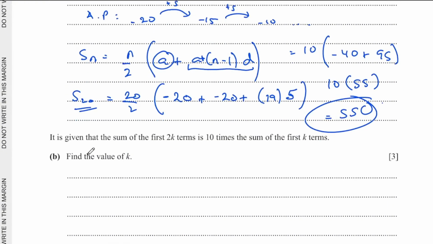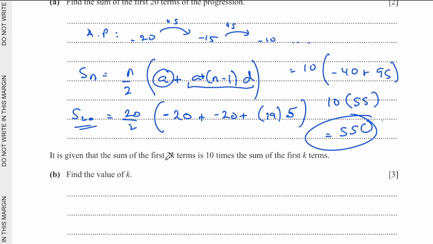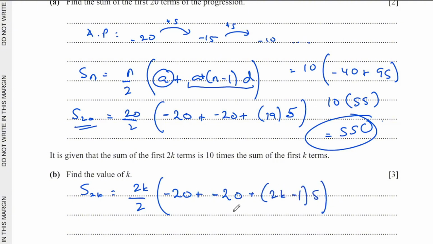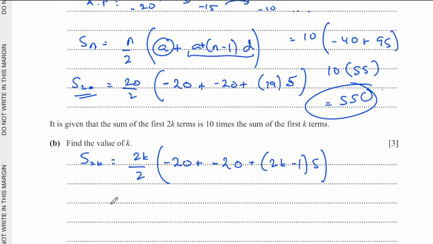Okay? It's given that the sum of the first 2k terms is 10 times the sum of the first k terms. So S 2k, which is just 2k over 2, negative 20 plus negative 20 plus 2k minus 1 times 5, is equal to 10 times, right?